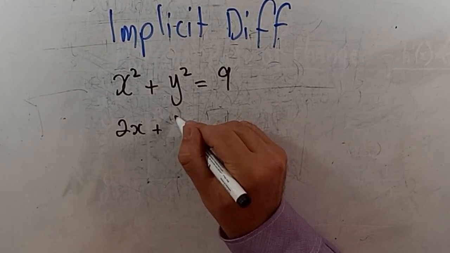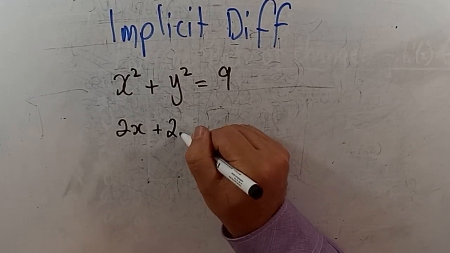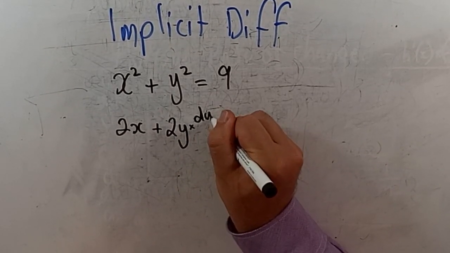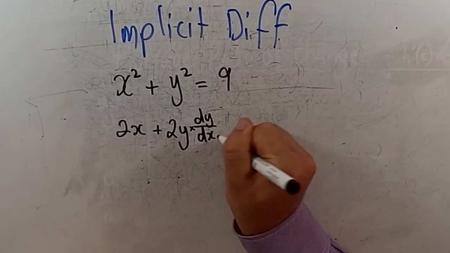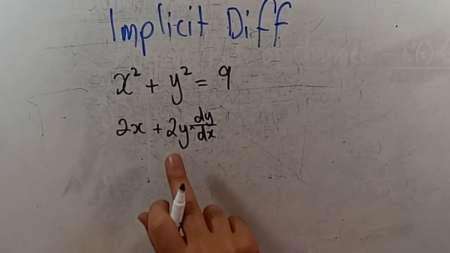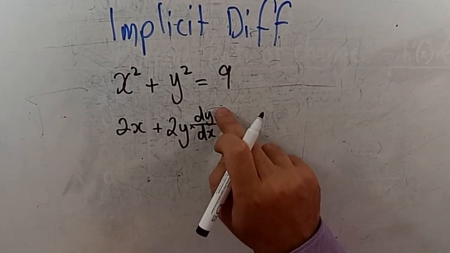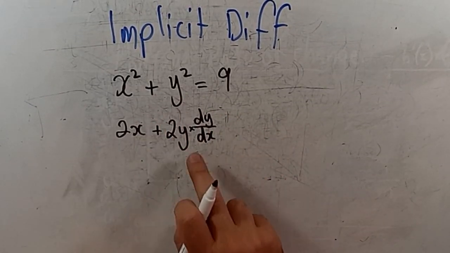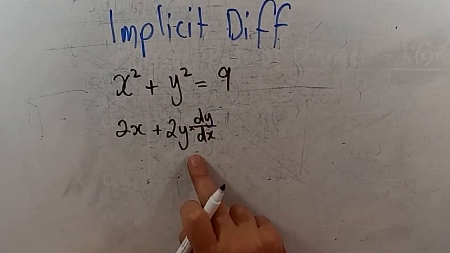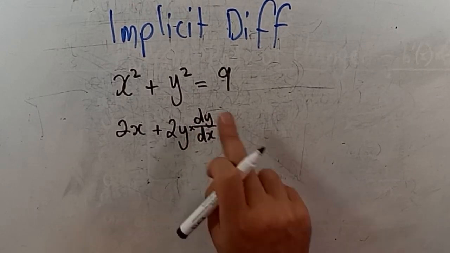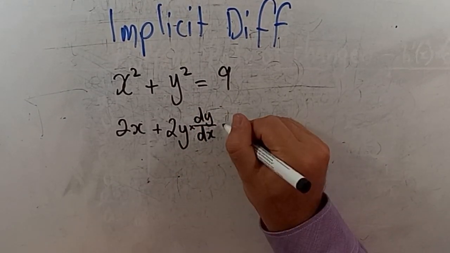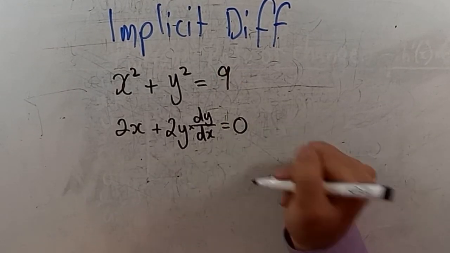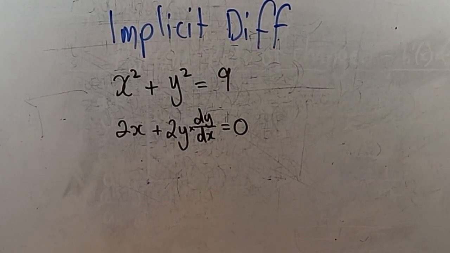We differentiate with respect to y first, and then multiply by dy/dx, because this is with respect to y, and the dy would cancel out with this dy, and you'd have the derivative with respect to x. What's the derivative of 9 with respect to x? 0. And that's it.